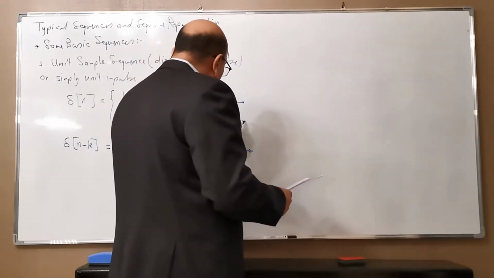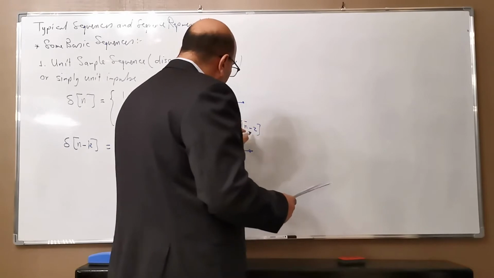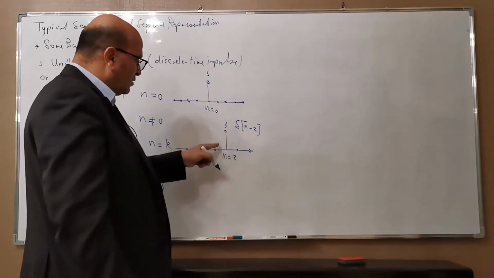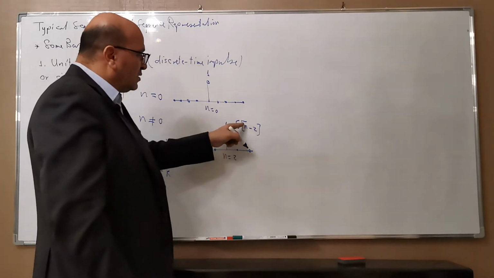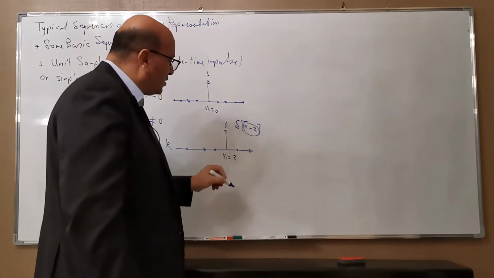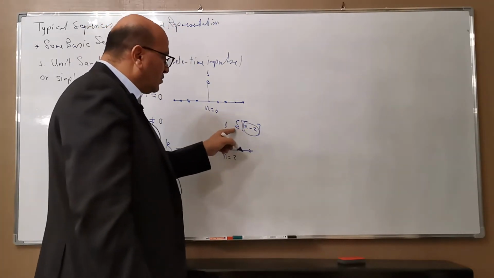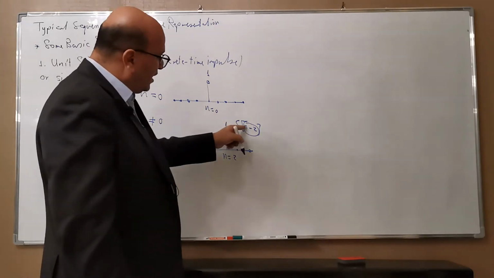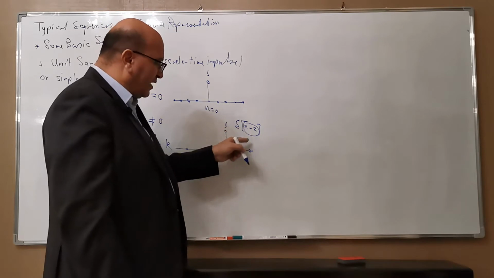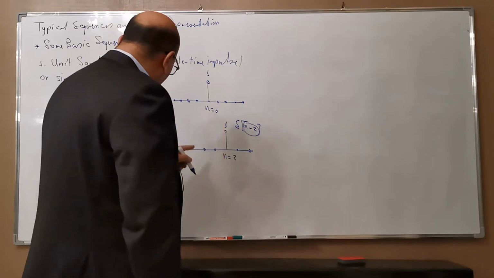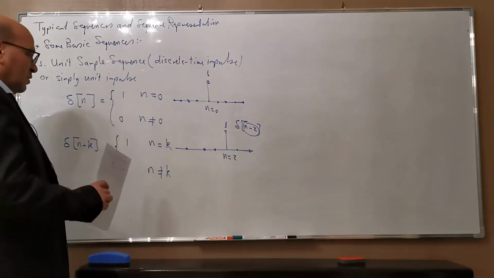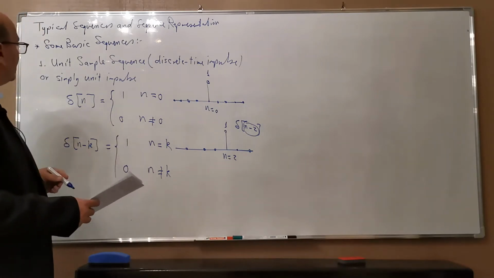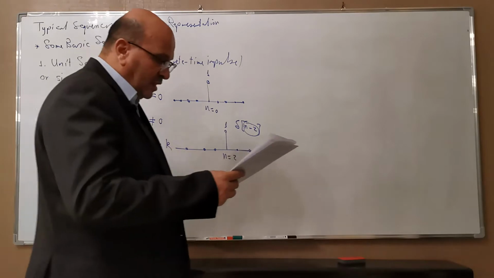This is delta of n minus 2. So delta of n minus 2 is 1 for n equals 2. When the argument inside is equal to 0, this is equal to 1, otherwise it's equal to 0. When n equals 2, it's delta of 2 minus 2, delta of 0, which is equal to 1, otherwise it is equal to 0. So this is the unit sample sequence.